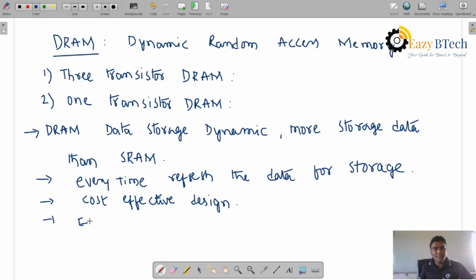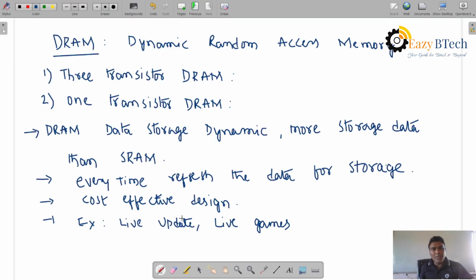For example, when we are watching a live update, live games, the data is stored in dynamic DRAM. Other than this, the remaining data is stored in SRAM. SRAM and DRAM are two separate memory locations.